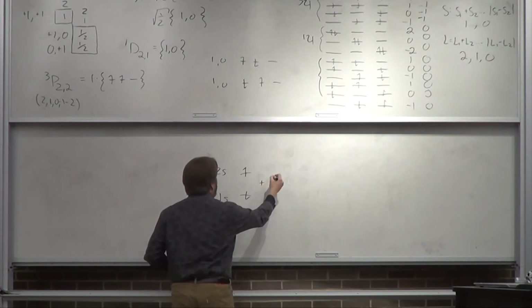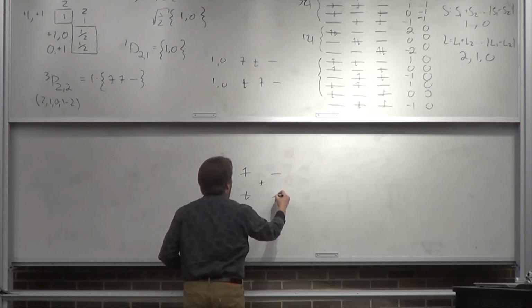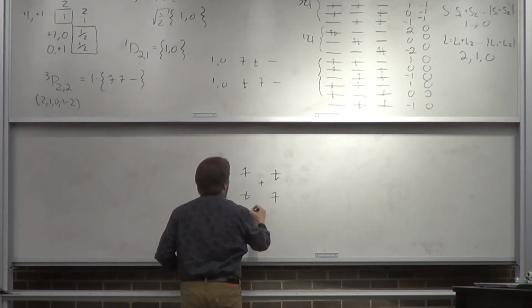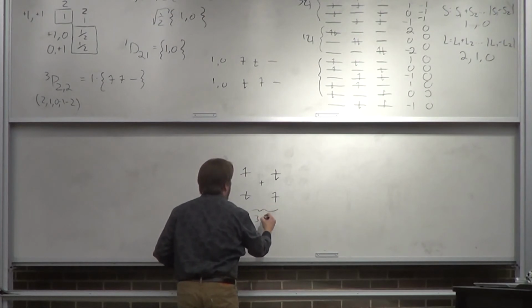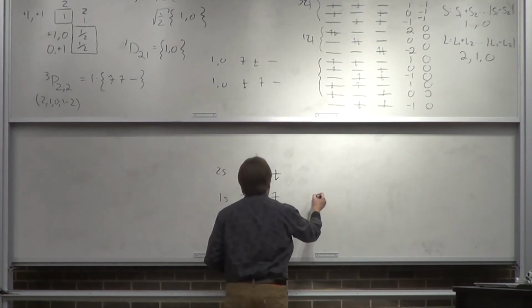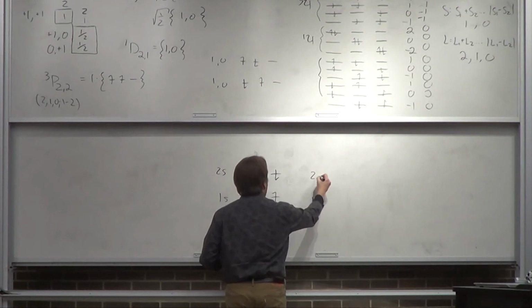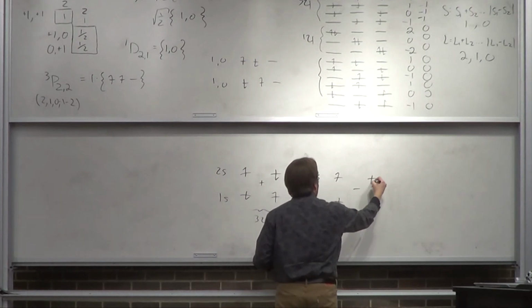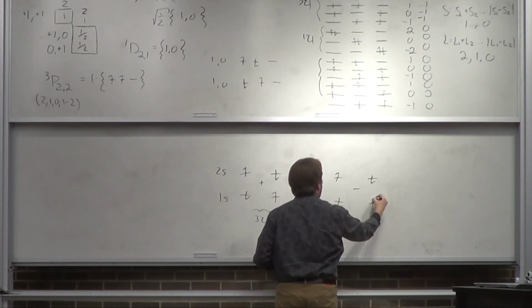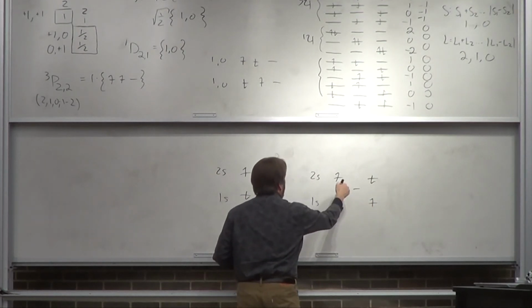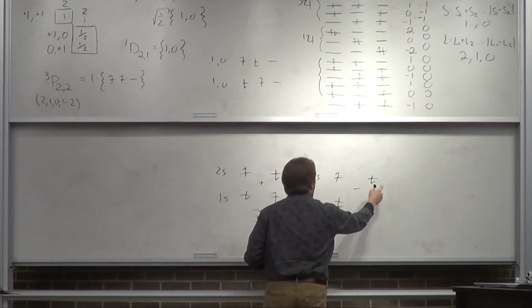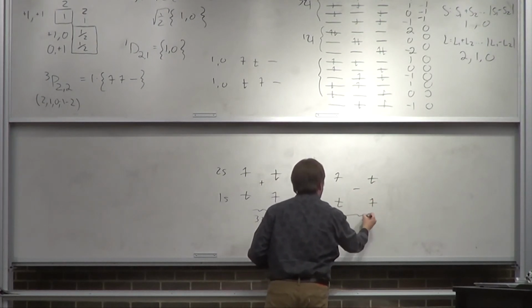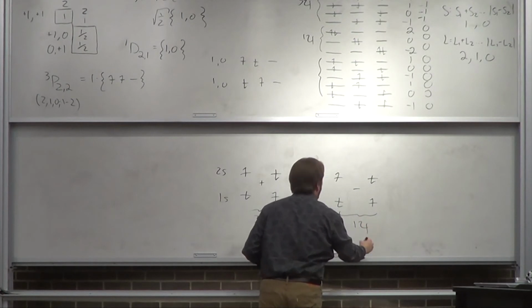And what do you do? If you add up, down and down, up, you get a triplet. And if you take up, down, and you subtract down, up, alpha, beta minus beta, alpha, you get a singlet.